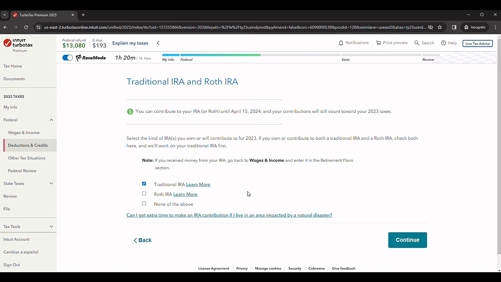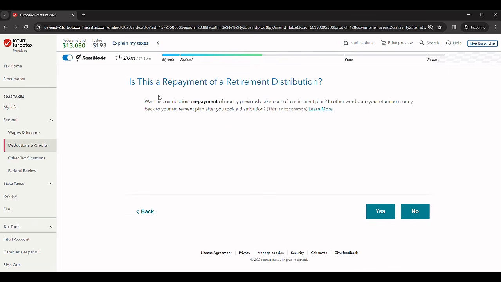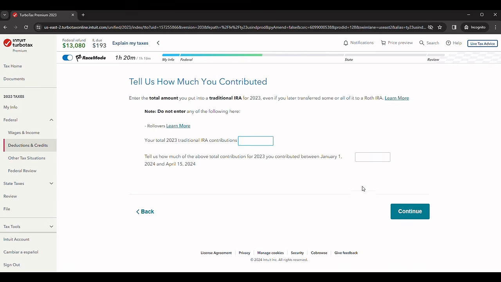But in this situation, let's just do a traditional IRA, because depending on your income and situation, you might get a tax deduction. Did you contribute to a traditional IRA? Yes, I did. Is this a repayment of a retirement distribution? No, it is not. Tell us how much you contributed. Say $4,000.